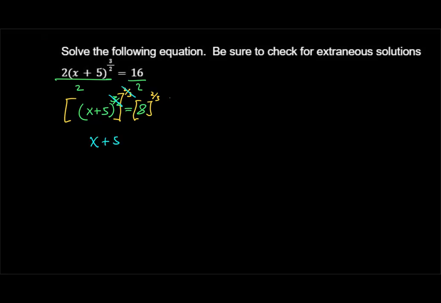On the right side, we'll have to evaluate the 8 to the 2/3. Remember that it is really a combination of the cube root and squaring, meaning we're doing the cube root of 8, which is 2, and then 2 squared, which is 4. So 8 to the 2/3 becomes 4.